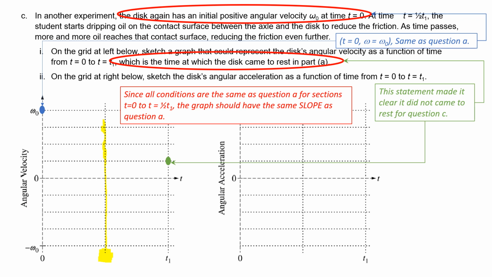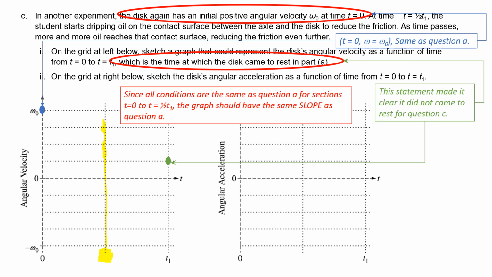Oil was added. So the graph should have the same slope as question A. It should have the same slope going straight right here. So you should be thinking of a slope, assuming that's a straight line. It should go straight to 0, but it's not the case.